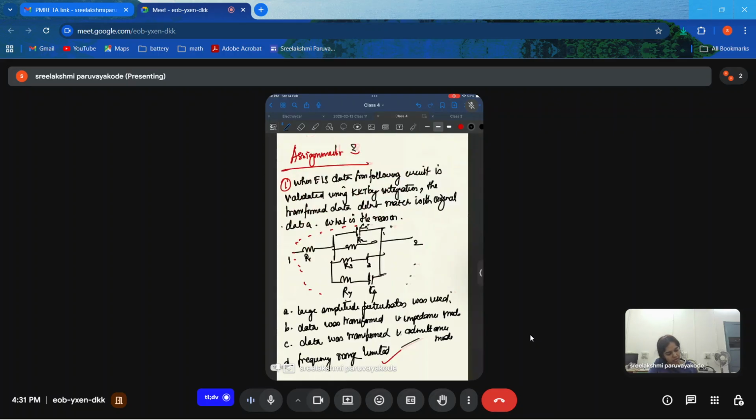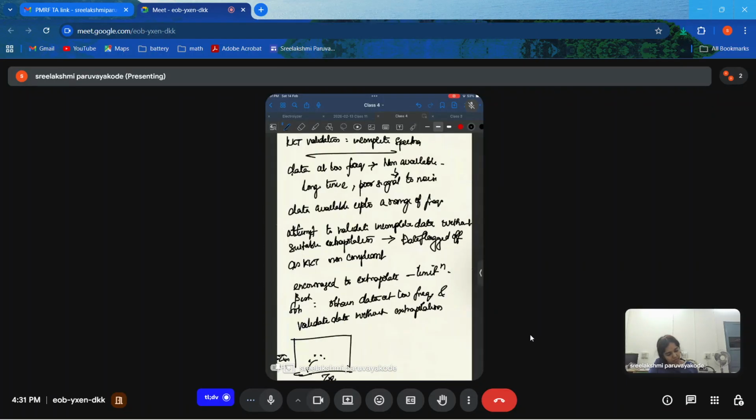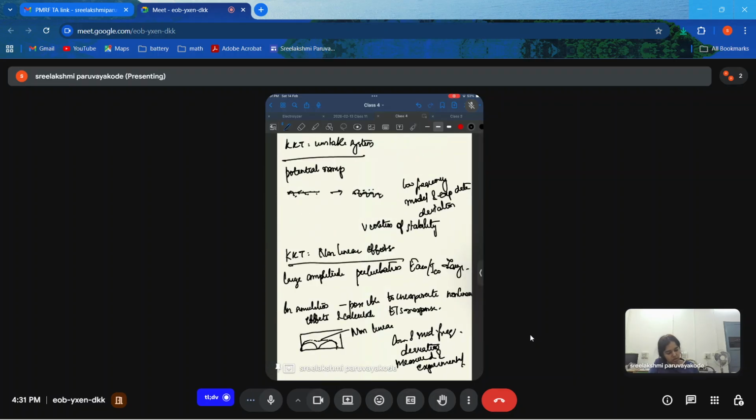So if potential instability is present, we have already seen this. Instead of applying a constant EDC, they are ramping it. And we also saw that in low frequency, the model and the experimental data show deviation, which indicates a violation of stability.